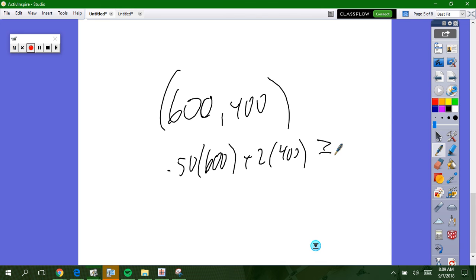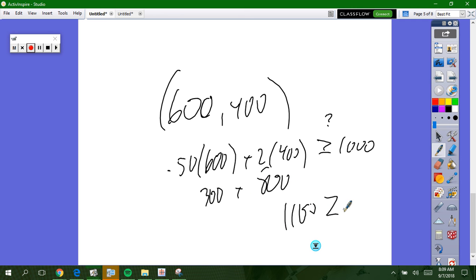Is that greater than or equal to 1,000? So I get 300 bucks out of that, plus 800 out of that. That's 1,100. Is that greater than or equal to 1,000? And we're good to go, huh? Any questions on that?